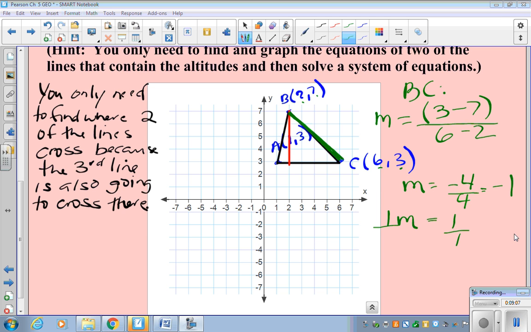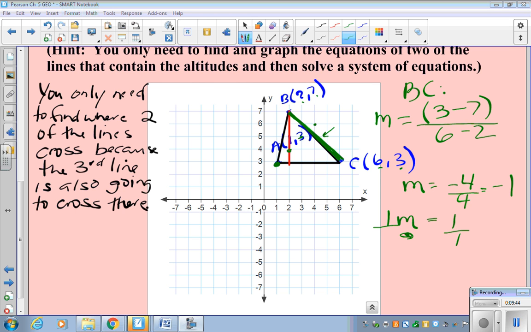The slope perpendicular is 1 over 1. Which point am I aiming for if I'm perpendicular to this line? Which point does it have to go through? Which vertex? A, B, or C? A. So we're going to start on point A, and we're going to apply this slope: 1 over 1, 1 over 1, 1 over 1.